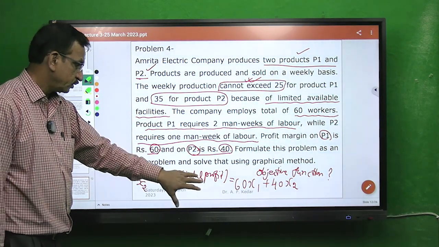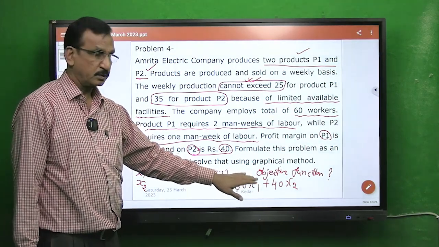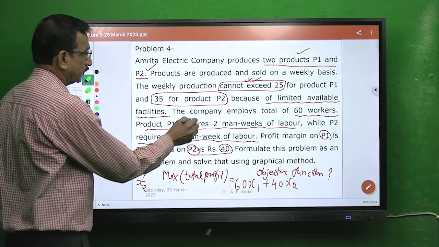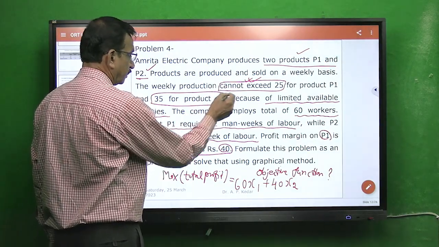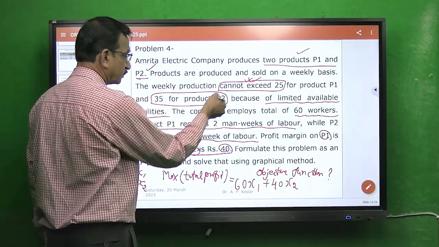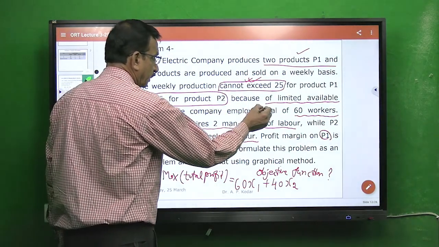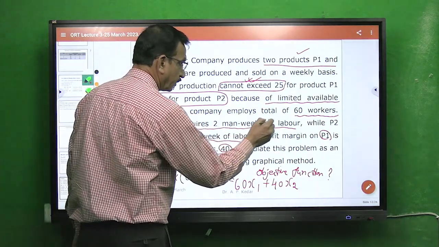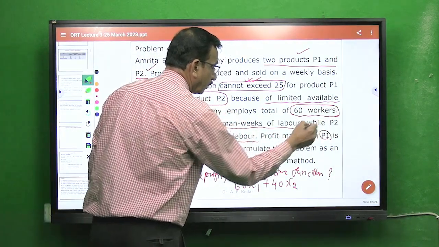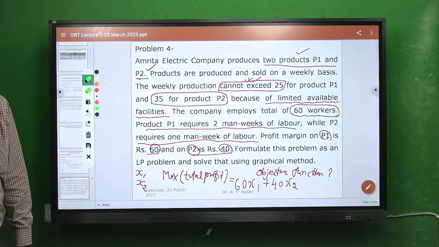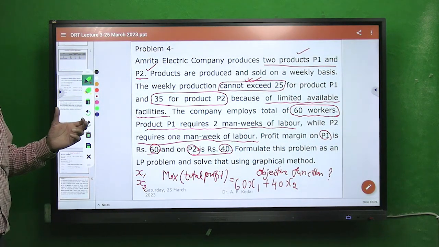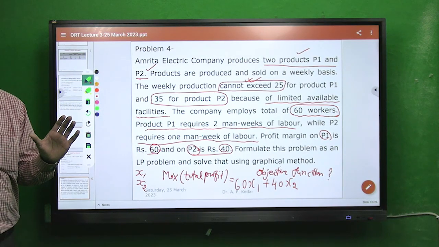Now this is the objective function as far as this problem is concerned. Conditions are given: cannot exceed the amount of resources, and a limited number of workers. So the company employs a total of 60 workers.